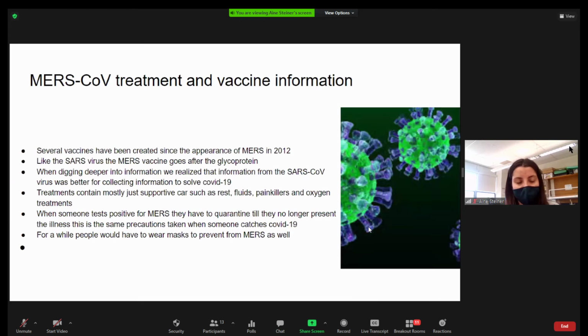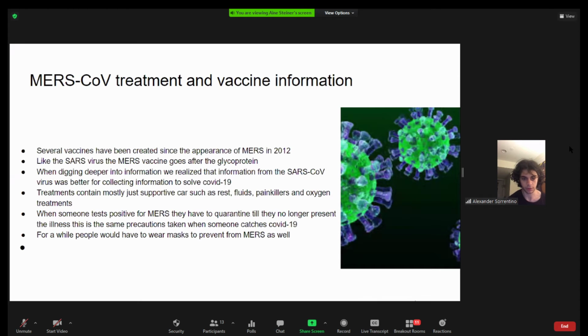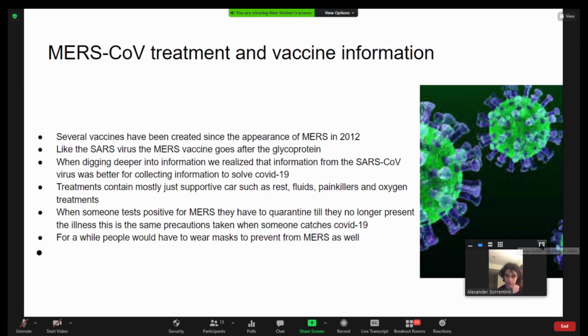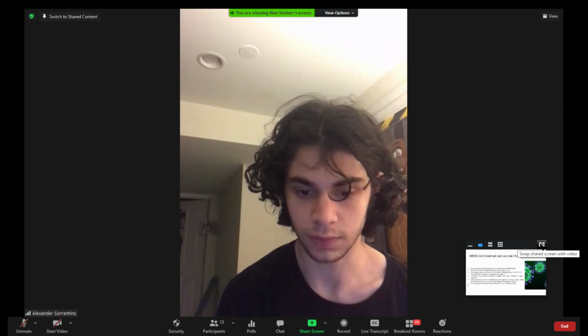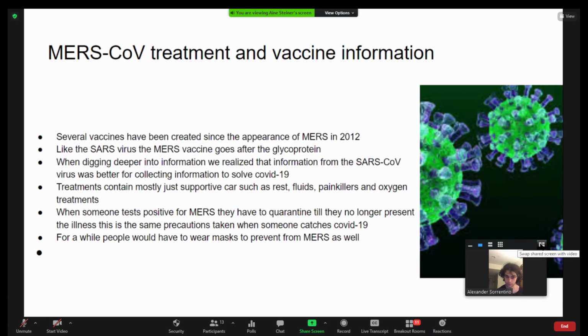All right. So another thing we were looking at was MERS-CoV, which also had some different treatments. That also had several different vaccines that have been created since the appearance of MERS in 2012. Like SARS, MERS also goes for the glycoprotein.